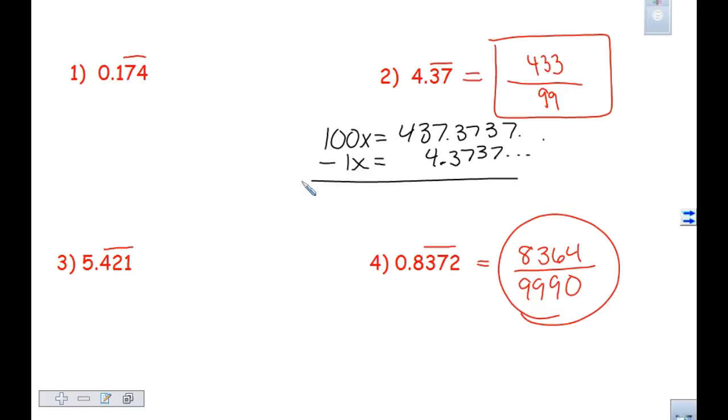Okay? So, number 3. If I'm thinking of my original x, it is 5.421. And then, Gunner, what else do I put behind that 21? What's repeating? 4, 2, 1, right?